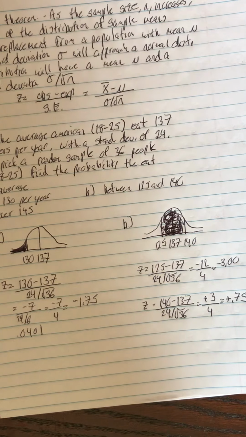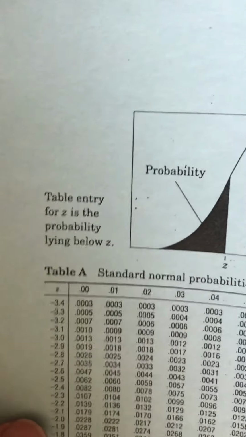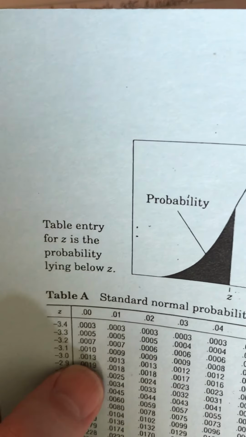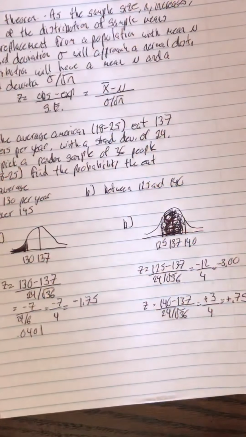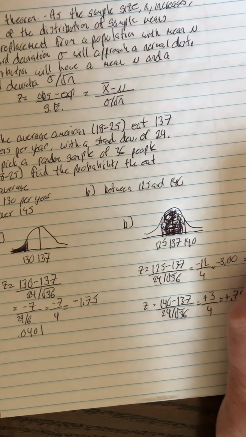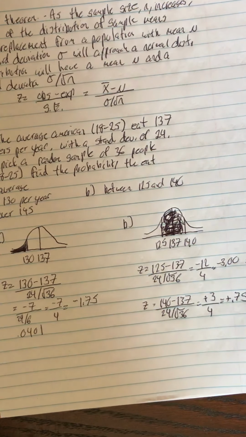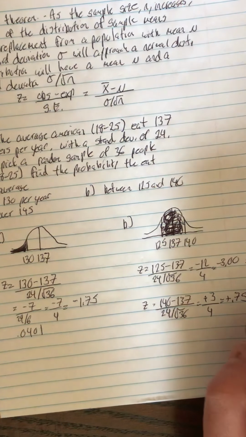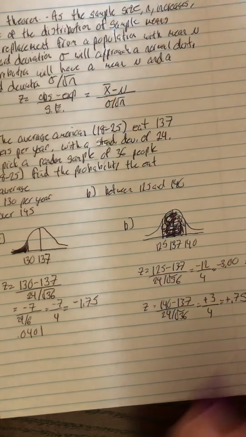Now, again, use your chart. Negative 3.00 is right here, so I have 0.0013. So the probability of this is 0.0013. The probability of 0.75 using the chart ends up being 0.7734.